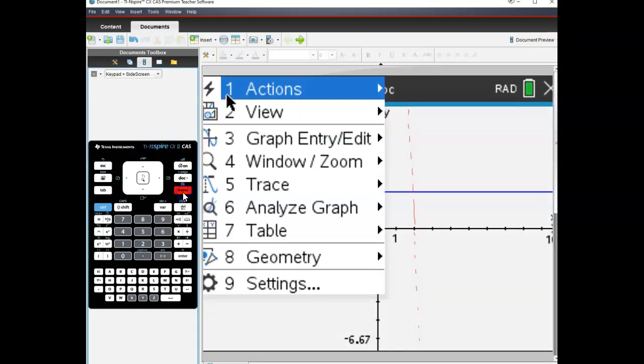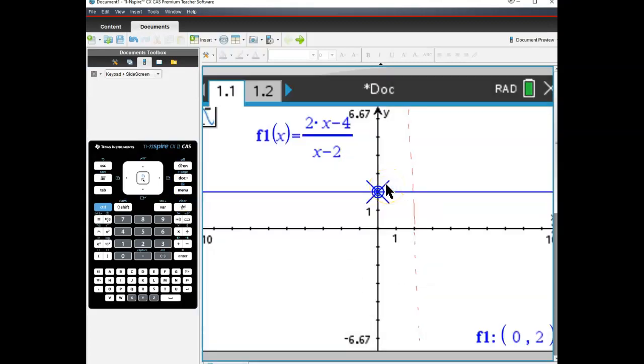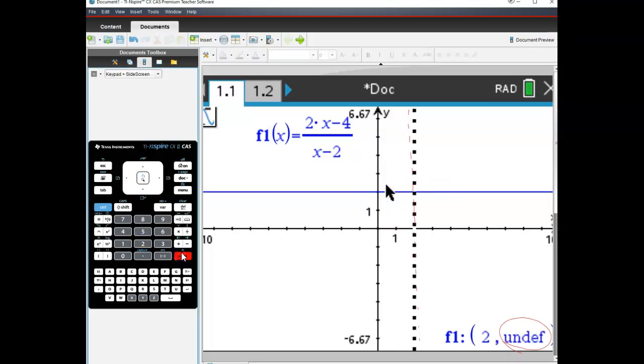And if I trace my graph, if I say menu, trace, and I want to go to when x is 2, right now I'm down here at 0, 2, and if I want to see what's happening at 2, enter, notice at this point, that's going to be 2 comma undefined. And it's showing even a dashed line. It's showing a vertical asymptote when one doesn't even exist. In my calculator, that just means, hey, it's not here. There's something going on there, but it certainly is not a vertical asymptote.